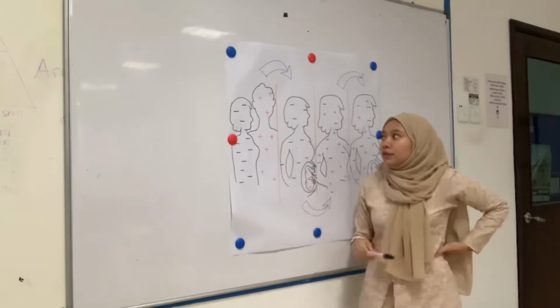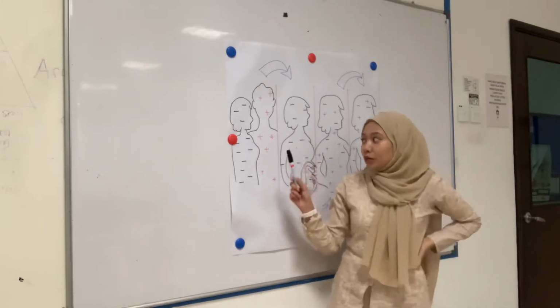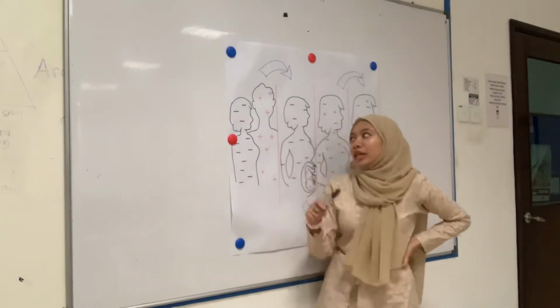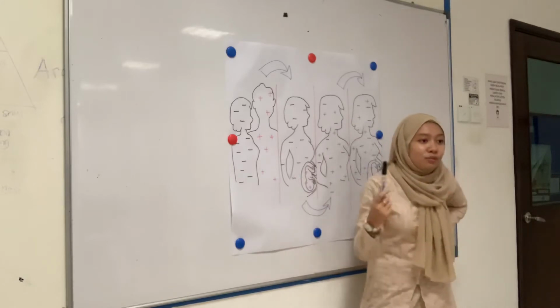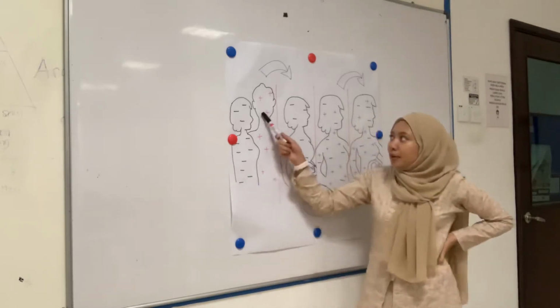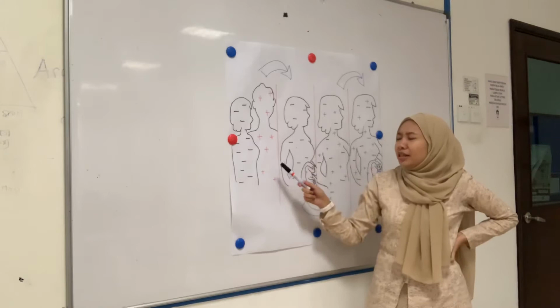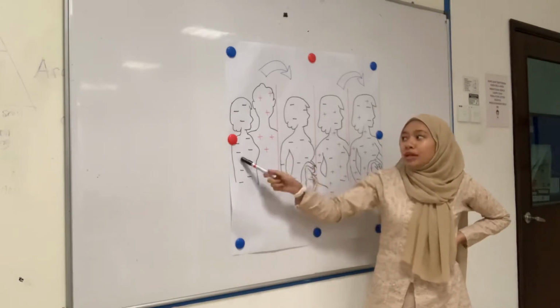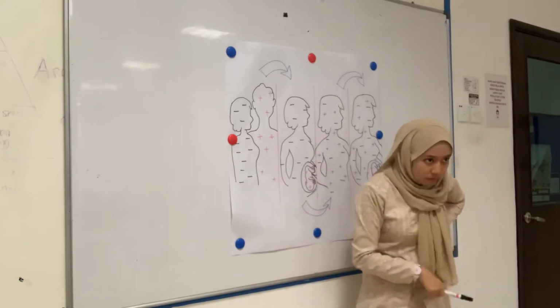First, I want to name these two individuals Ahmad and Aminah. Ahmad and Aminah are a married couple. Ahmad is a rhesus positive individual, and Aminah is a rhesus negative individual.